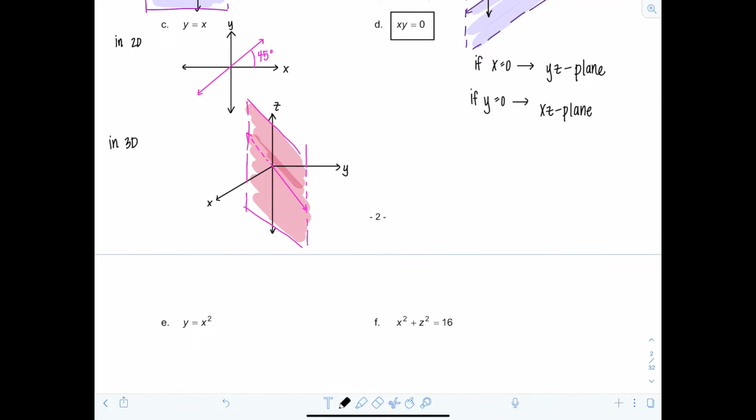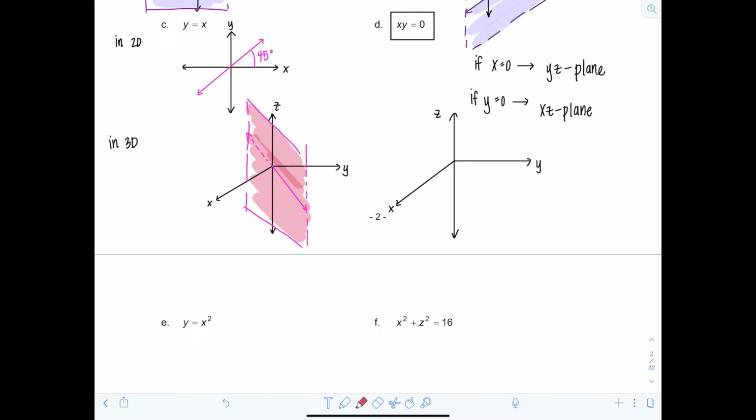So basically graphing x times y is equal to 0 is equivalent to graphing both the yz plane and the xz plane. So here we go. We're just going to graph and shade in both of those planes. So x-axis, z, y. So first let's graph the yz plane. That's where x is 0.